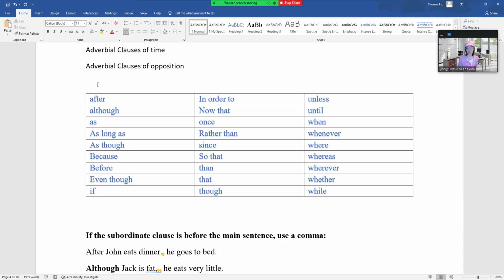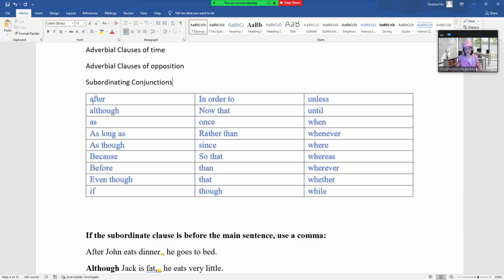Therefore, whenever you use a subordinating conjunction in front of a sentence, you are rendering that sentence a dependent clause, and also a sentence fragment. So I give you this example up here. Here are all the subordinating conjunctions.